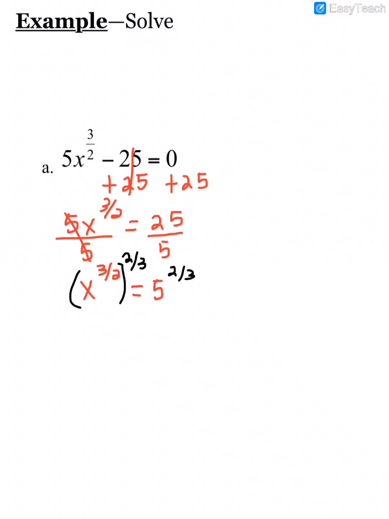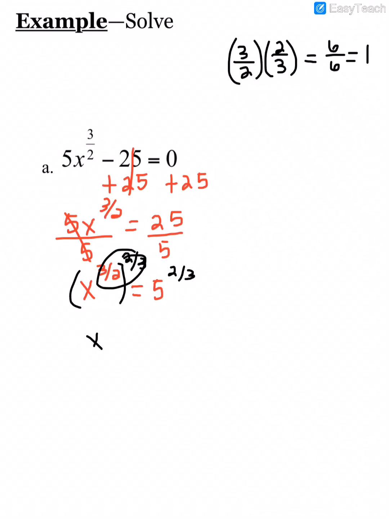Okay, so now when we raise the power to its reciprocal right here, it cancels it out. Let me show you why. If I have 3/2 and I multiply it times the reciprocal, 2/3, when we multiply fractions, we multiply the top times the top, bottom times bottom, and I would get 6/6. Well, what is 6/6? That's 1. So really, this just becomes x to the 1 power, which whenever we have a power of 1, we don't write it.